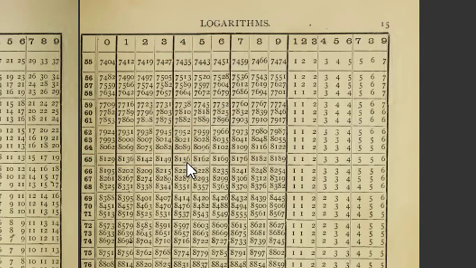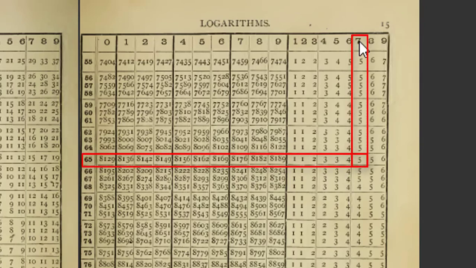And then difference 7. Trace it to 7 and make sure you're under it. You can see difference 7 here. So difference 7 is 5. If you trace it to the 65, you can see right here is 5.